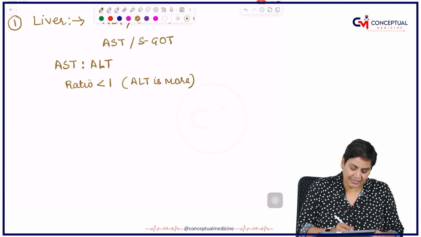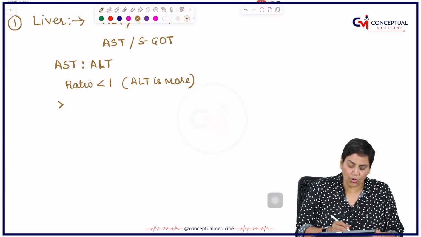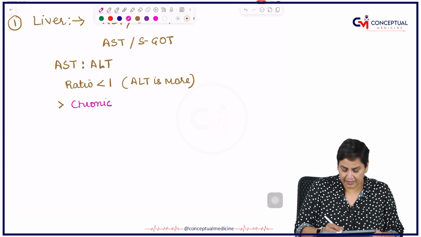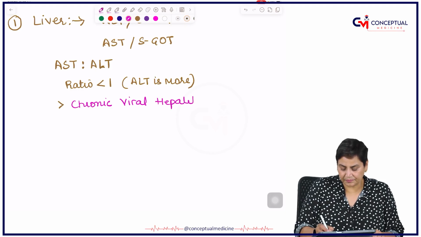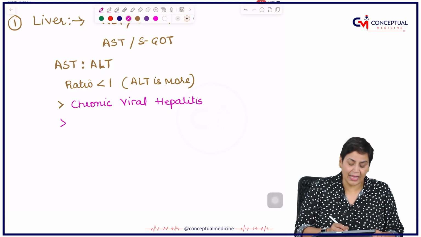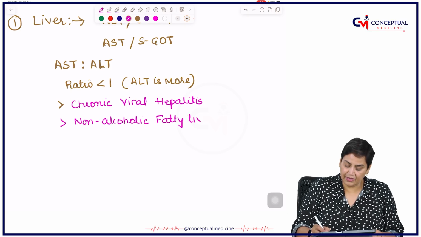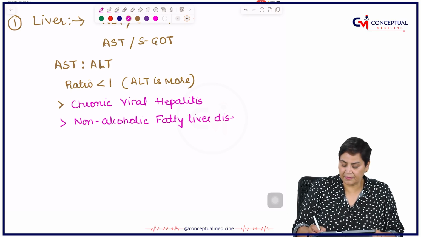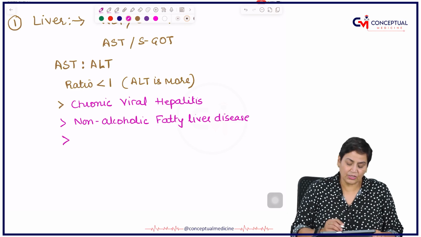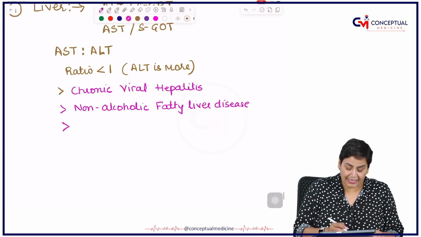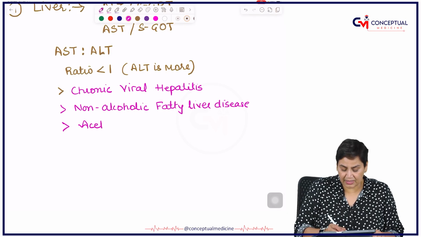Okay, so it is an indicator of very important chronic viral hepatitis, non-alcoholic fatty liver diseases, and it is always like this in acetaminophen toxicity also.